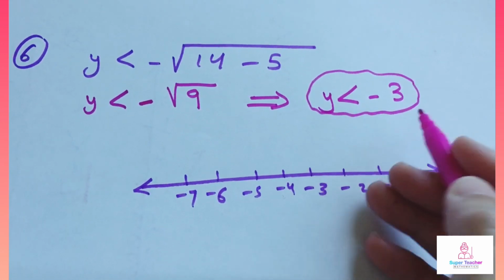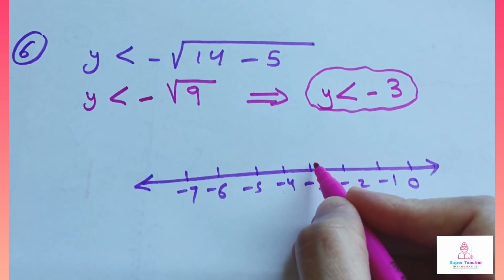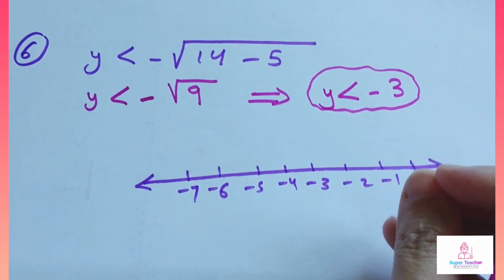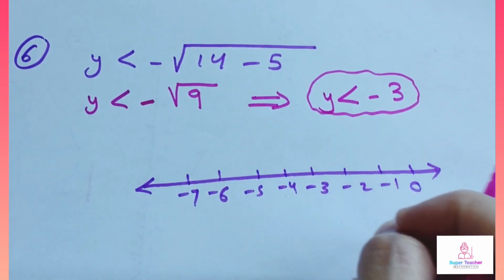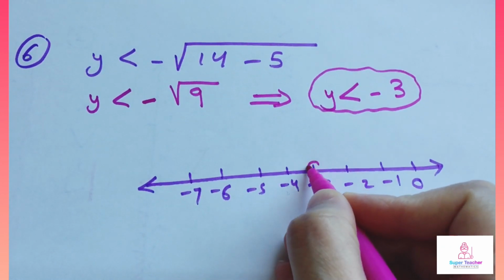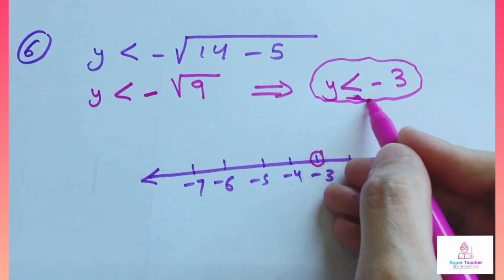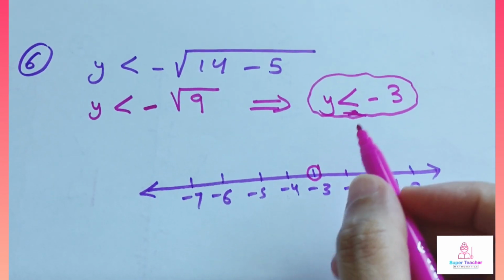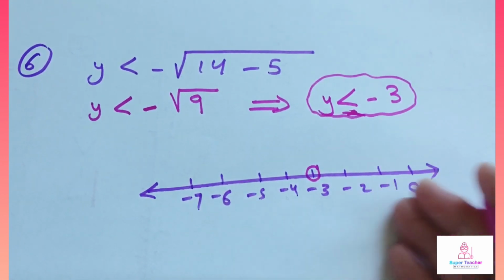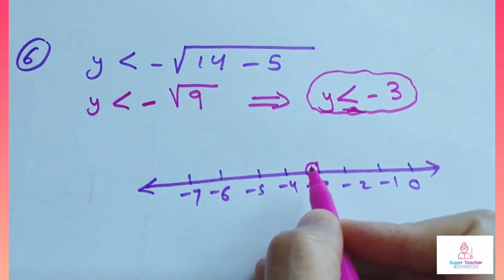Y less than negative 3. So I will start from negative 3, but now will it be an open circle or a closed circle? Yes, it will be an open circle because we don't have an equal sign. So y is less than negative 3. Which side is less than negative 3?